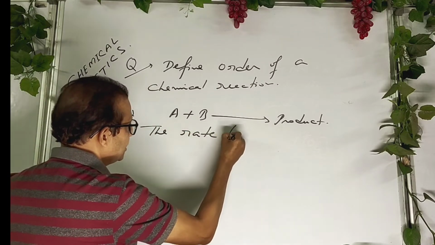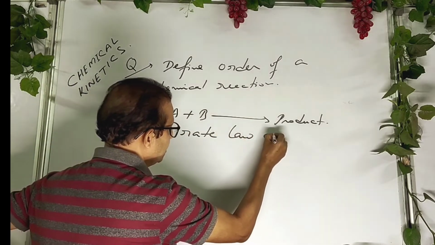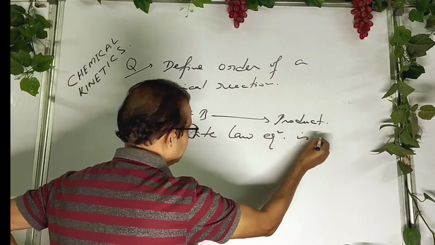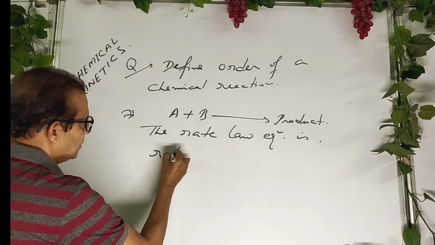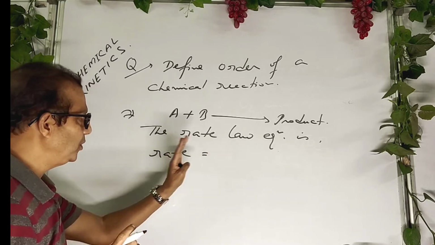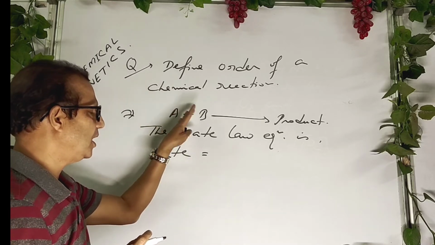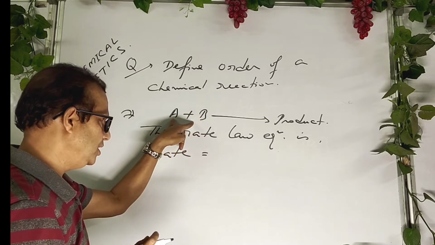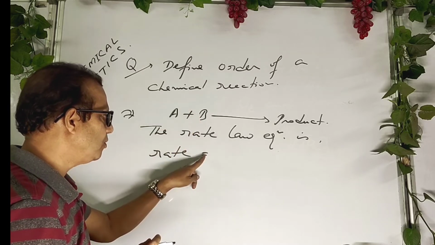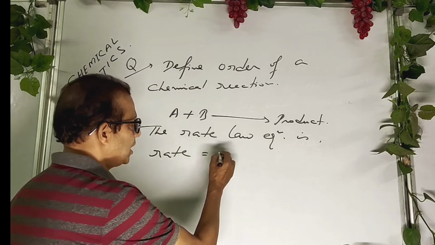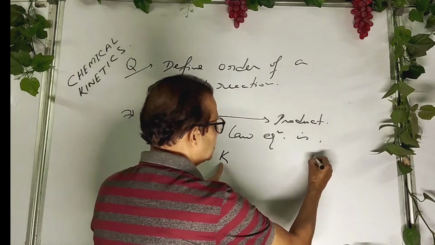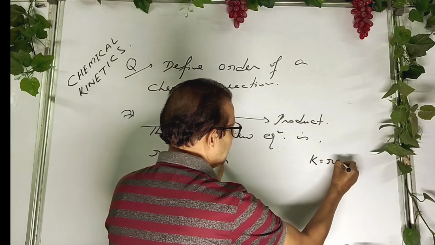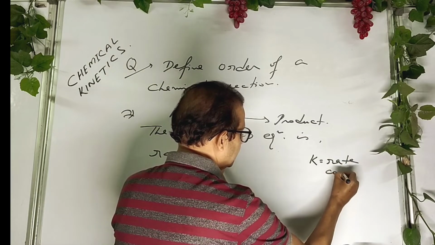So the rate law equation is, for this reaction, the rate is directly proportional to the concentration of reactants. Whenever we change proportionality to equal marks, one constant will come, and here K is called rate constant.